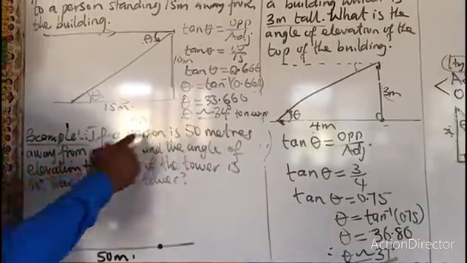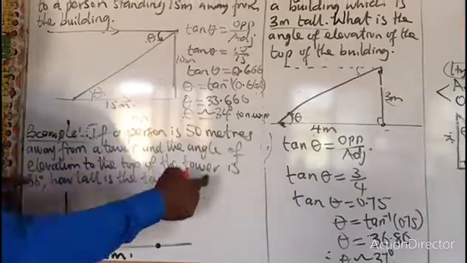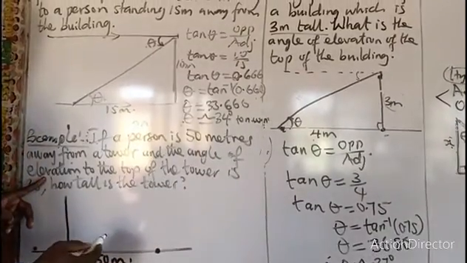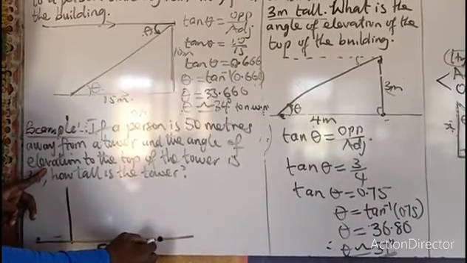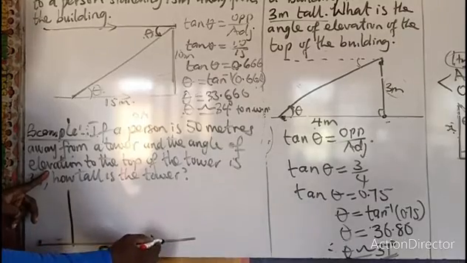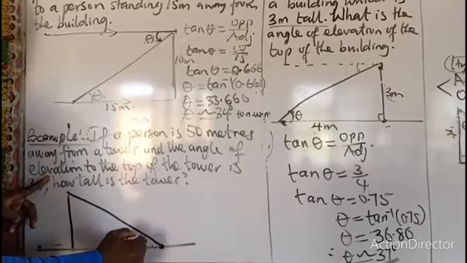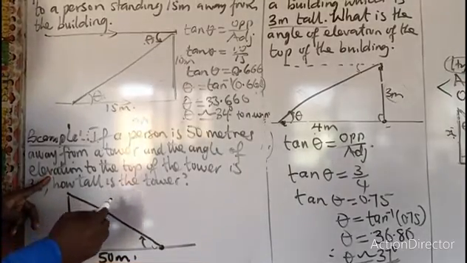The person is 50 meters away from a tower, and the angle of elevation to the top of the tower is 30 degrees. What does that mean? That means from this place, the person is looking at the top of the tower. Angle of elevation, the person is looking up.